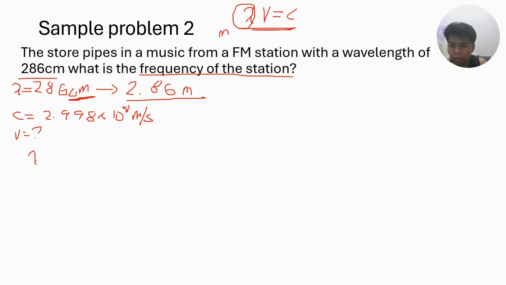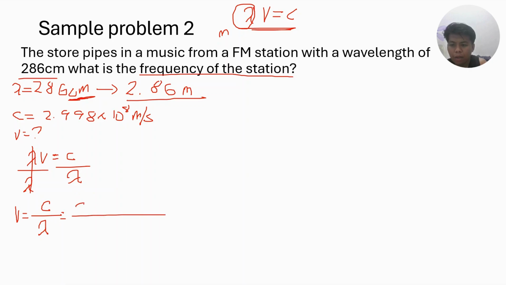Let's now use the formula: wavelength times frequency equals C. The unknown is frequency, right? So let's divide both sides by our wavelength. It cancels out. Frequency is now C over wavelength. Then we plug in our values.